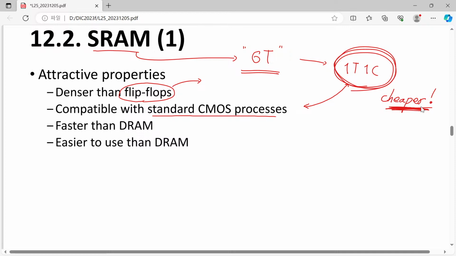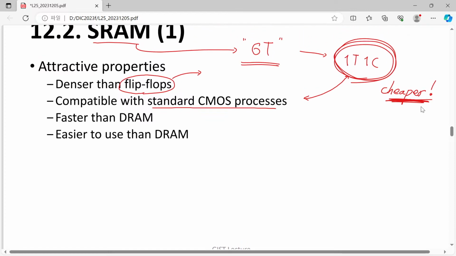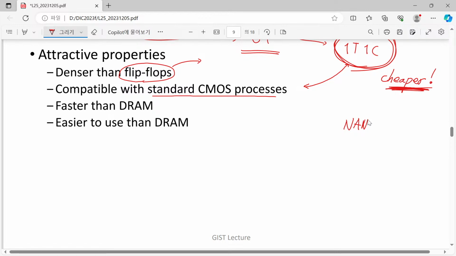So therefore we have DRAM here. Of course, we have an even cheaper one. Which one is even cheaper than DRAM? That is NAND. The price per bit of NAND is much lower than even DRAM.